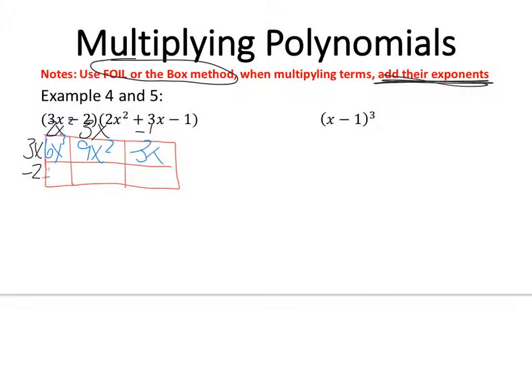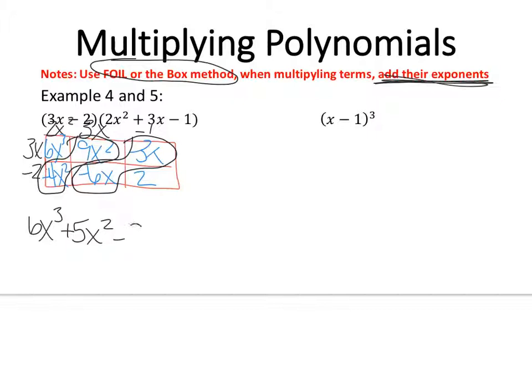Then I would have negative 4x squared minus 6x and a positive 2. From here, I combine my like terms, so everything that has the same exponent, to give me my answer of 6x to the third plus 5x squared minus 9x plus 2.